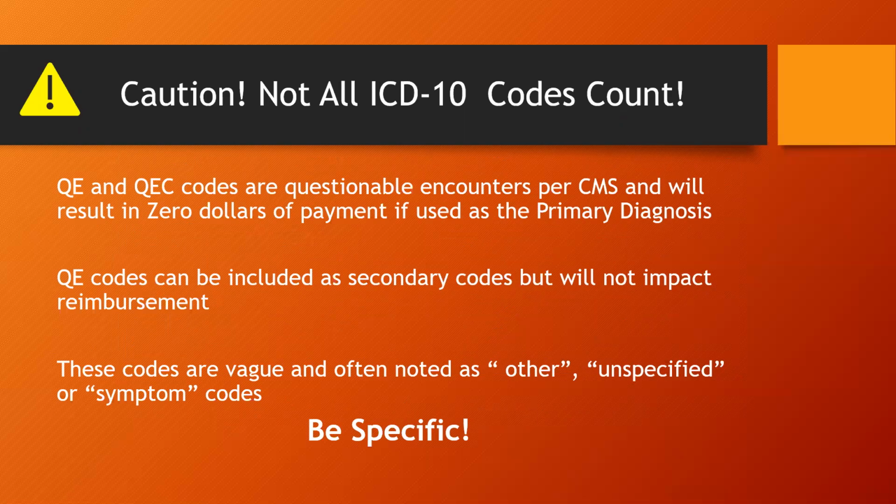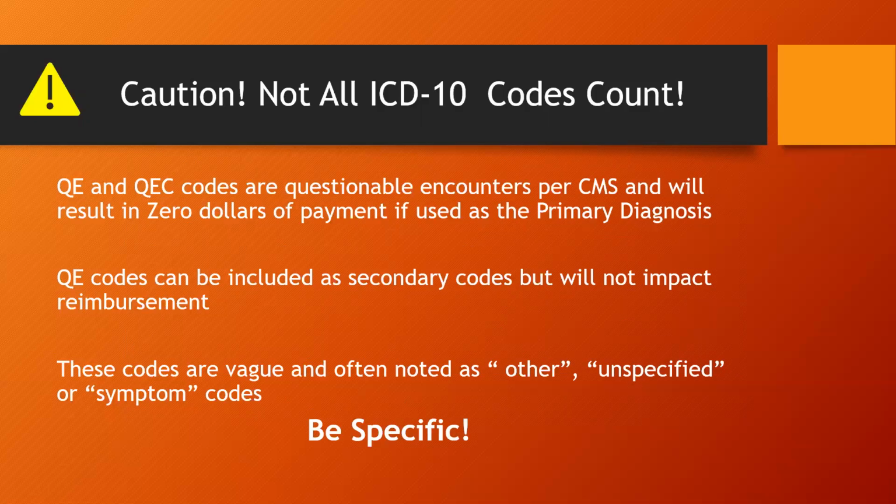We need to know that not all ICD-10 codes are going to count. So there is something called a QE or a QEC code, which is questionable encounters. And per CMS, these codes are going to result in $0 of reimbursement if they're used as a primary diagnosis. So the questionable encounter codes can be used as a secondary diagnostic code, but it will not impact reimbursement.